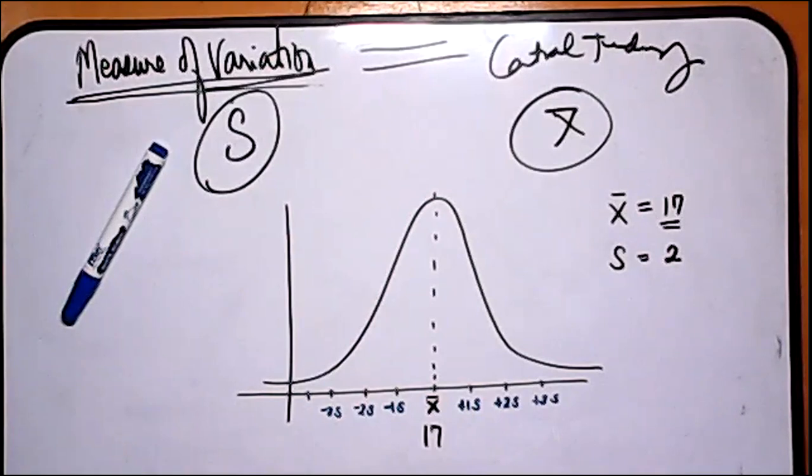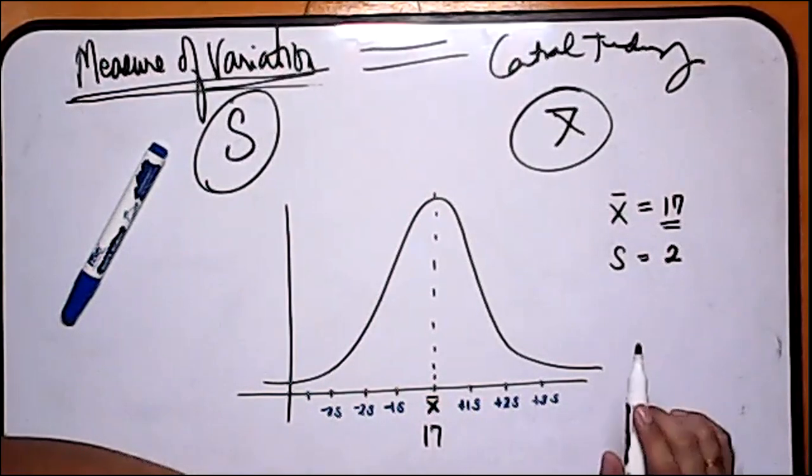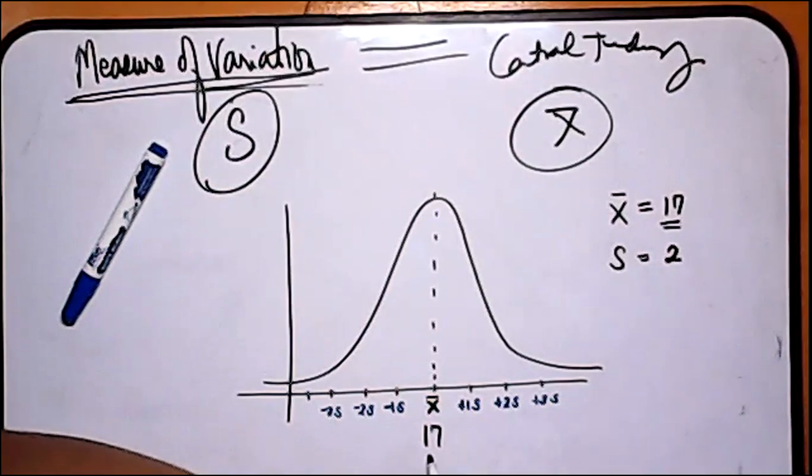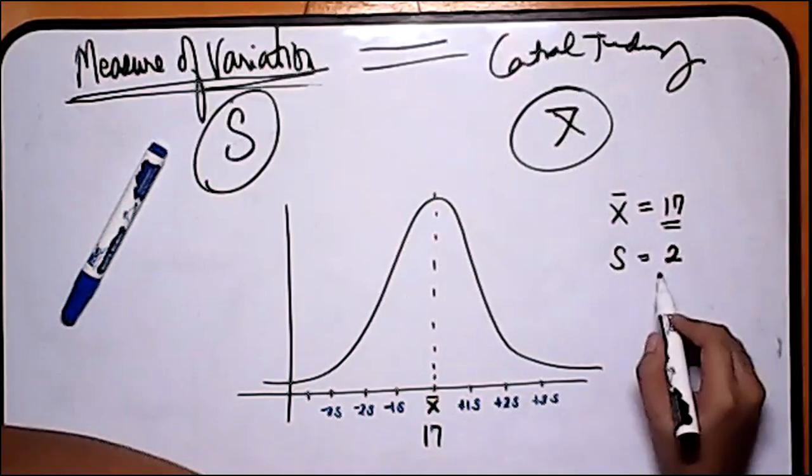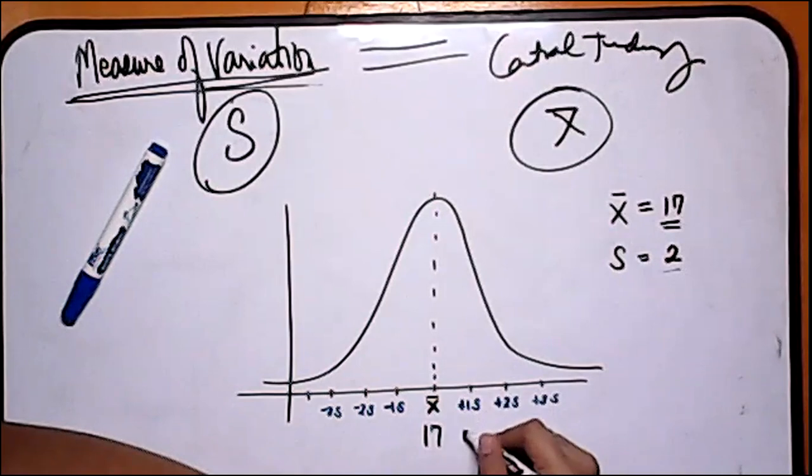So, yung score nila sa exam, 17. Now, what score is 1 standard deviation above the mean? That would be 17 plus 2. That becomes 19.